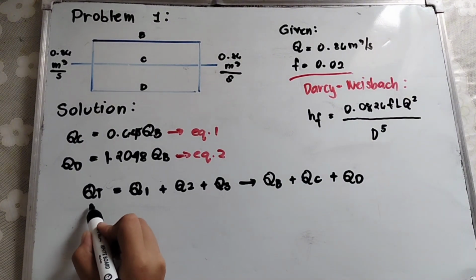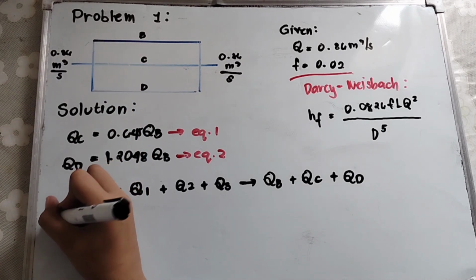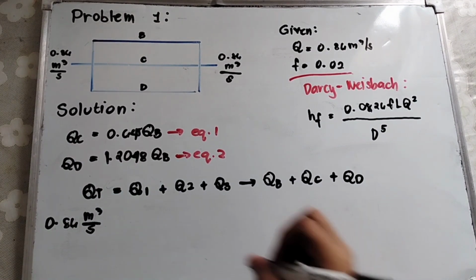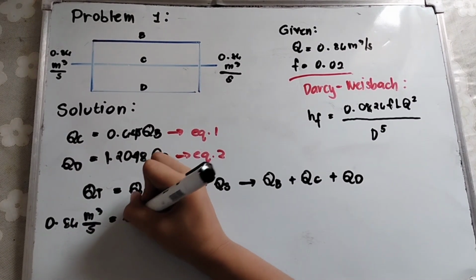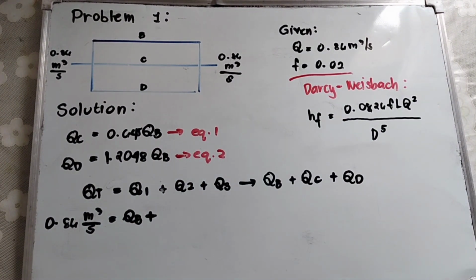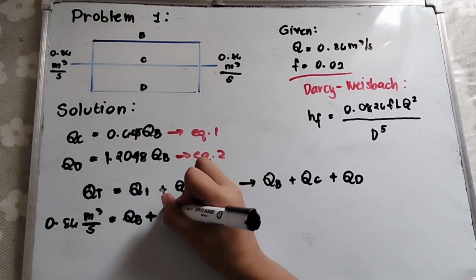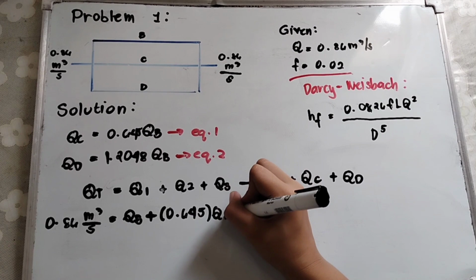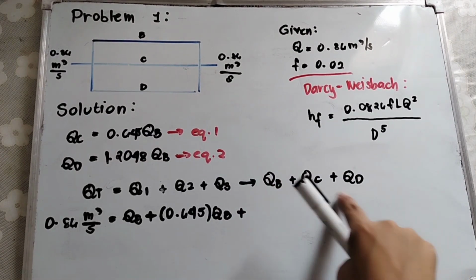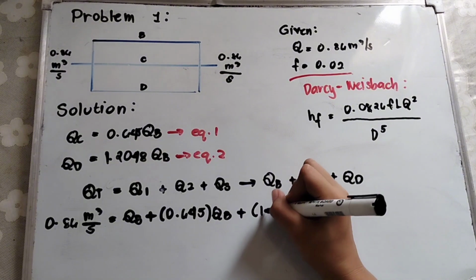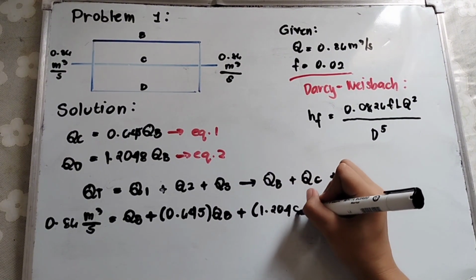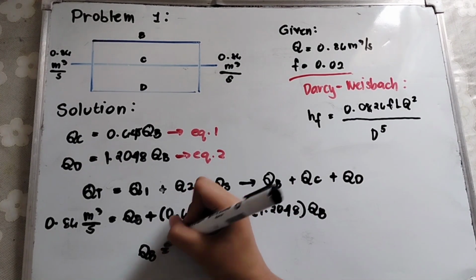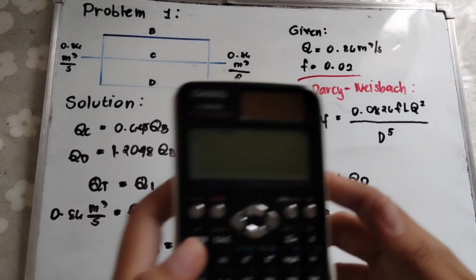Now, we just need to substitute the values of our equations 1 and 2, in which we have a total discharge of 0.86 cubic meters per second equals QB plus 0.645 times QB plus 1.2048 times QB. Again, we just simply substituted all the equations in our general formula. In this way, we can now calculate for our discharge at pipe B.